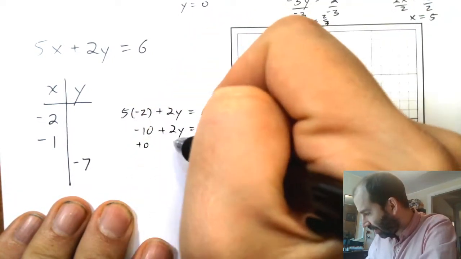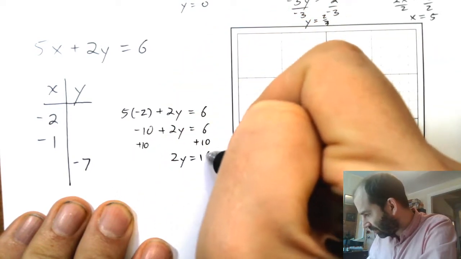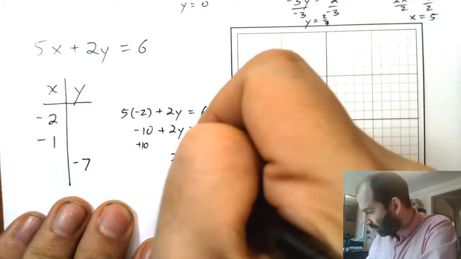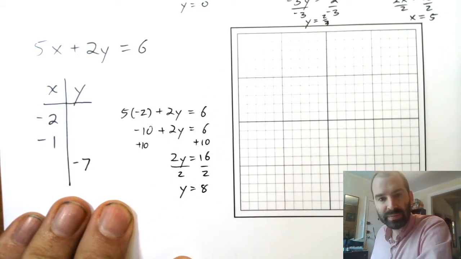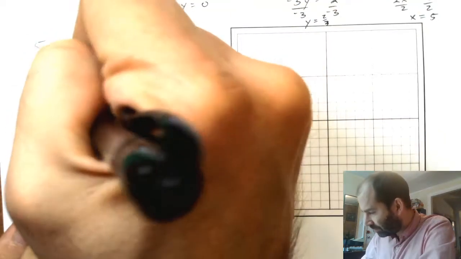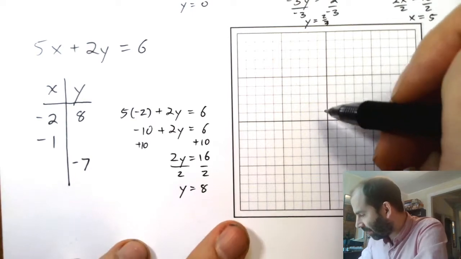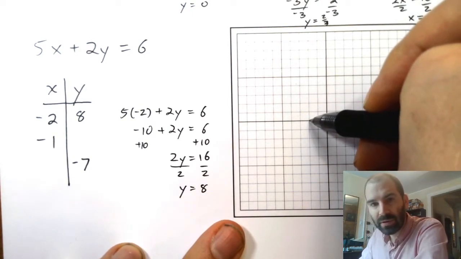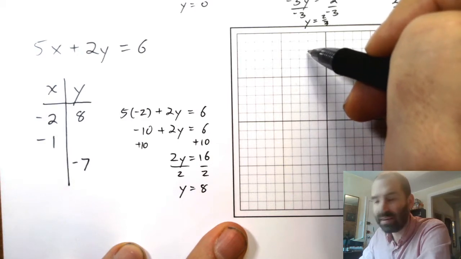Add 10 to both sides. 2y equals 16. Divide both sides by 2. Y equals 8. So there we go, -2, 8. Let's go ahead and plot that point here. -2, 1, 2, 3, 4, 5, 6, 7, 8, right here.